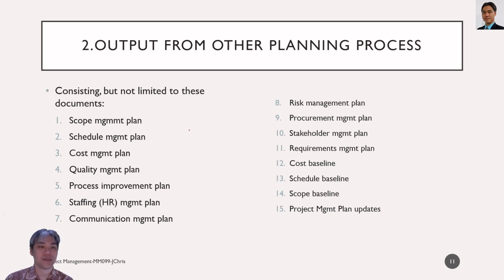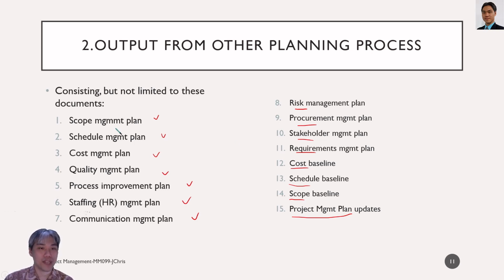It consists of, but is not limited to, these documents: scope management plan, schedule management plan, cost management plan, quality, process, HR, communication, risk management, procurement, stakeholders, requirements, cost baseline, schedule baseline, scope baseline, and the updates of the PMP itself. As you can see, the PMP itself can be updated regularly.